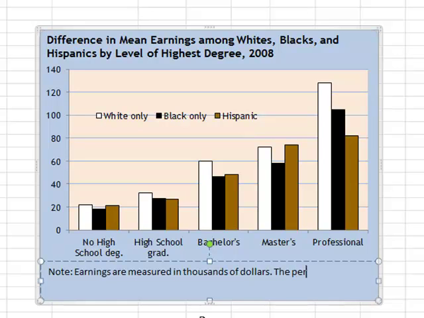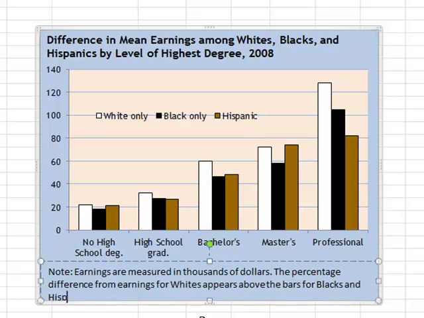I'm going to say that this will make more sense in a moment, but the percentage difference from earnings for whites appears above the bars for blacks and Hispanics.